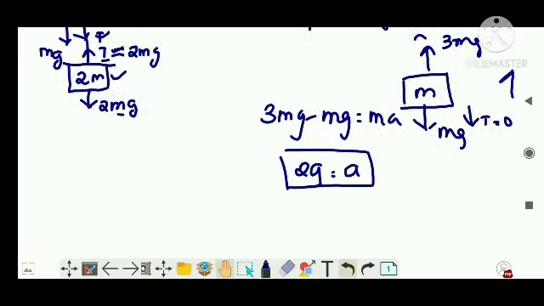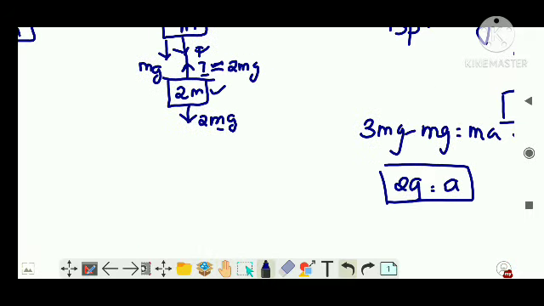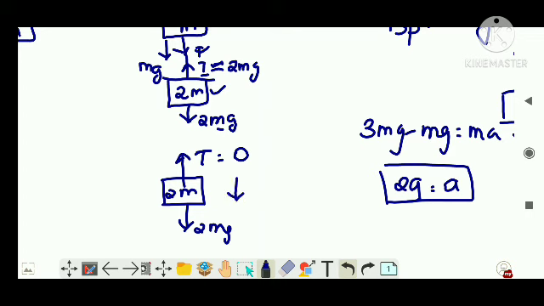Clear? Now we'll go with the 2m mass. The 2m mass obviously has a weight downwards, 2mg. Happy? The only thing which was holding it was the string, and that tension goes off, right? And it is going to freely fall.